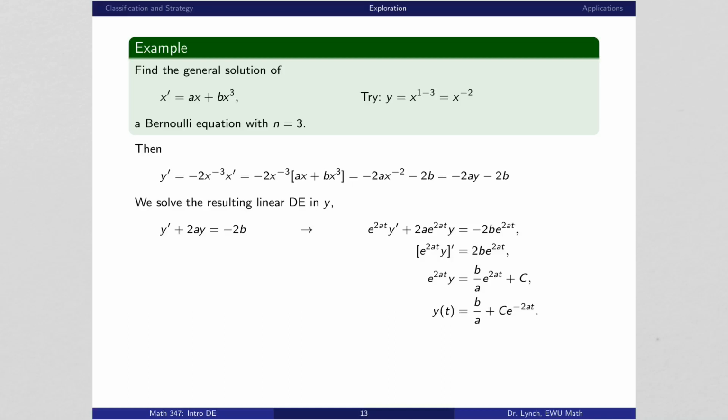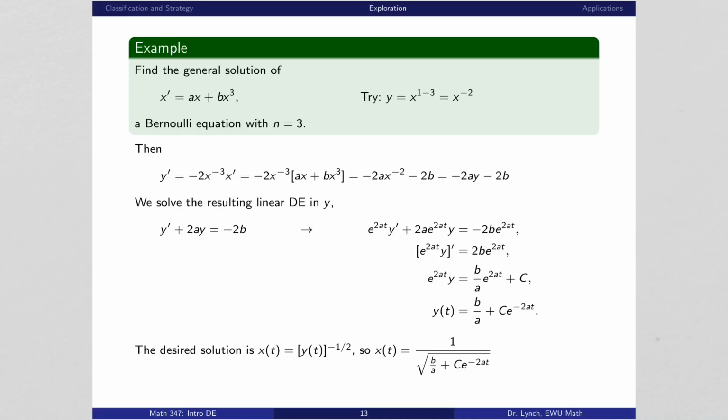Multiply through, recognize the chain rule, integrate both sides, and identify the explicit family of solutions y of t equals b over a plus some constant of integration times e to the minus 2at. Cool, right? So what's left is just to recover x from the relationship y equals x to the minus 2.